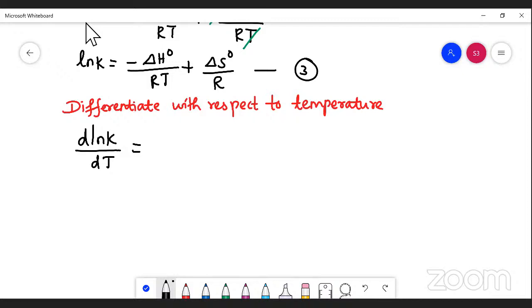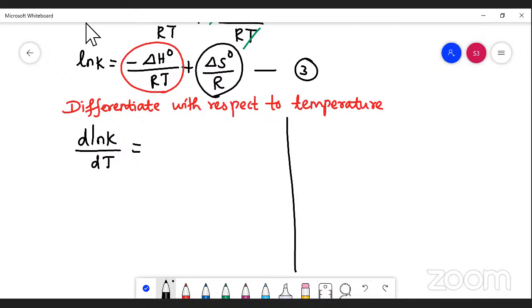And del S naught divided by R, here the temperature is not involved, so the differentiation will be equal to 0. So first you take minus del H naught divided by RT. Now I am going to differentiate this del H.